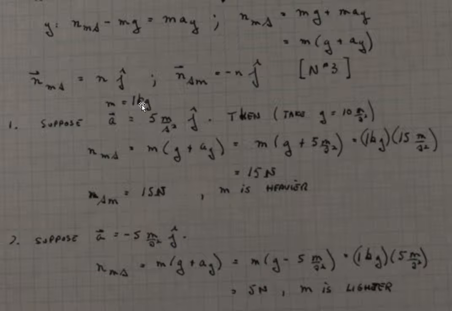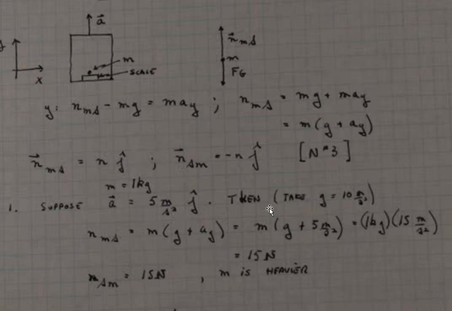On a scale that's set on terra firma, that scale would register 1 kilogram times 10 meters per second squared, which would be 10 newtons. If we suppose that we have an elevator that's accelerating upwards at 5 meters per second squared, as shown here, and we take g equal to 10, then the normal force of the scale on the mass is g plus that upward acceleration.